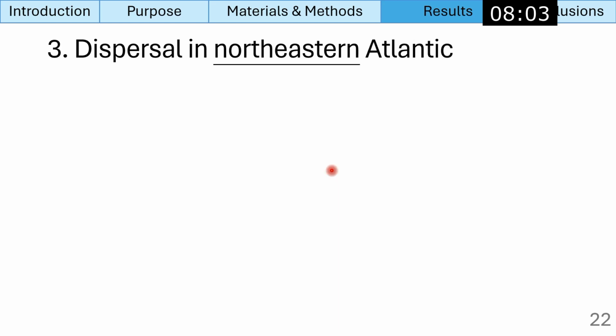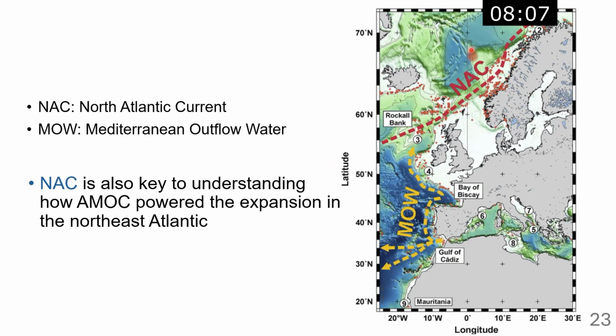And the third one is dispersal in the northeastern Atlantic. So this is Europe, and the NAC is the North Atlantic Current, and the MOW is the Mediterranean Outflow Water. The NAC is also key to understanding how AMOC powered the expansion in the Northeast Atlantic.